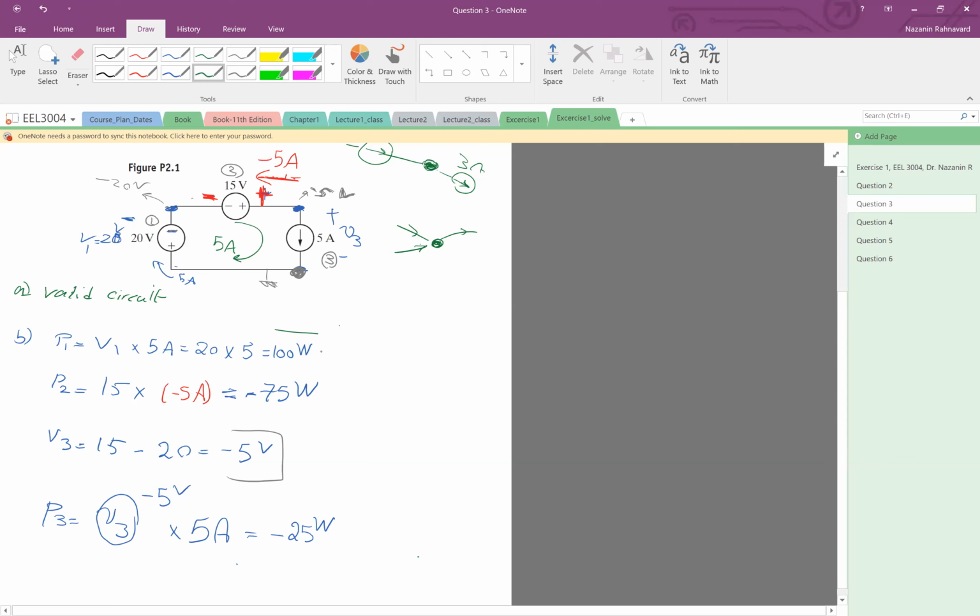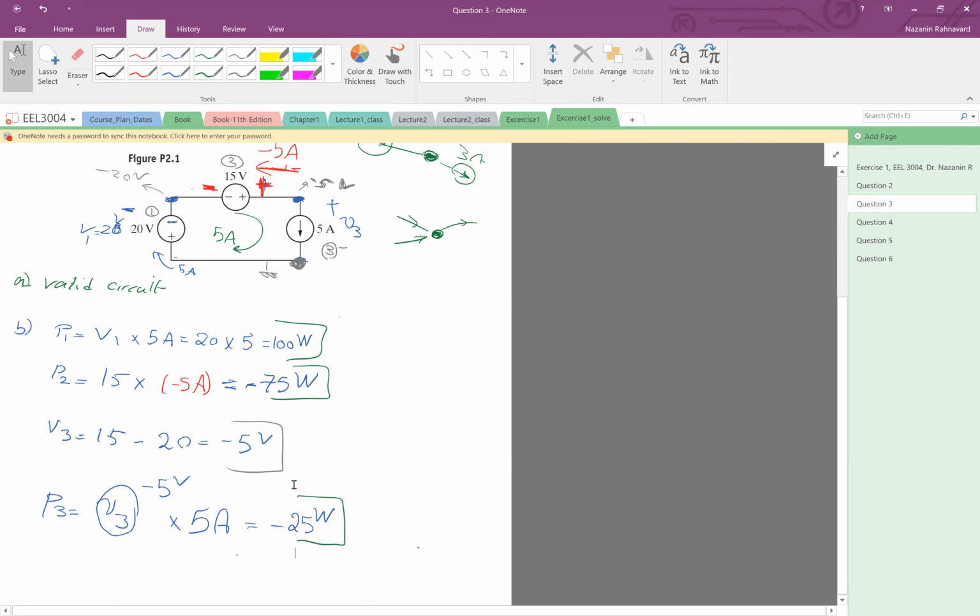So we have 3 elements, and we calculated the wattage for all of them. Now let's see how much is the summation of all these powers. P1 plus P2 plus P3: 100 minus 75 minus 25, which is 0.